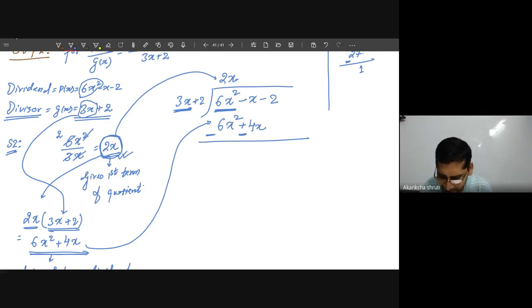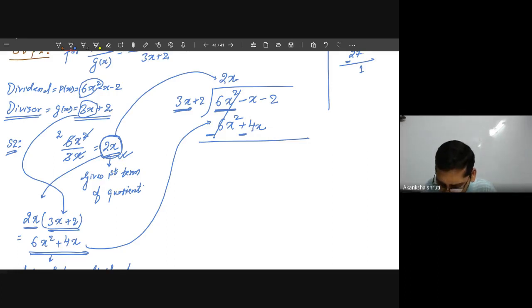The first one is 6x square, so it is written negative. The other one is plus 4x, so its sign is also changed to negative. Now we are going to subtract. 6x square and 6x square, one is positive and another is negative, so this will get cancelled. While cancelling, you leave it as it is.